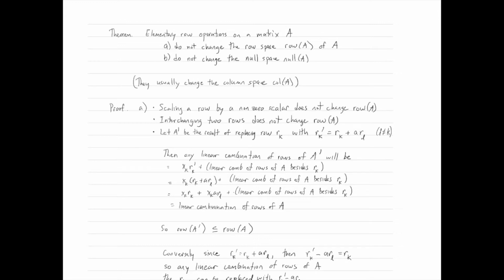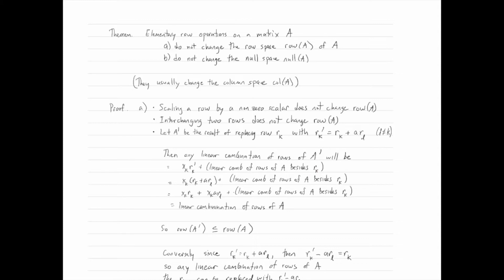Then any linear combination of the rows of A prime, an element of the row space of A prime, will be some scalar multiple of our new row Rk prime plus a linear combination of the other rows of A prime, but those are the same as the rows of A because we didn't change the rows besides Rk.